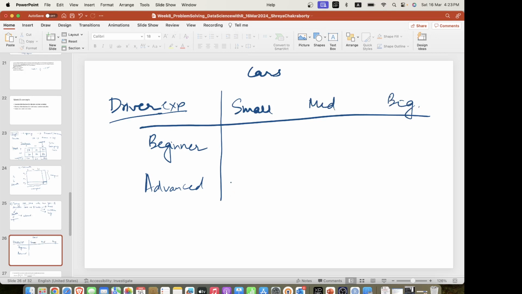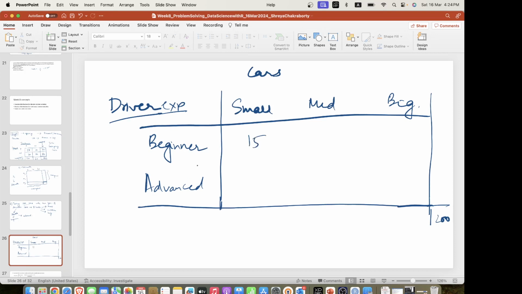So let's say I have, so total number of cars that I'm going to test is actually 200. Alright, let's say out of these 200, 15 people are beginner and they are testing on a small car.